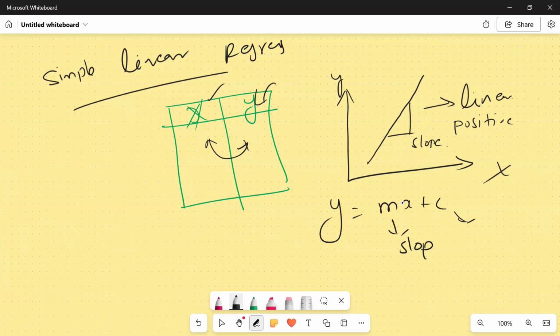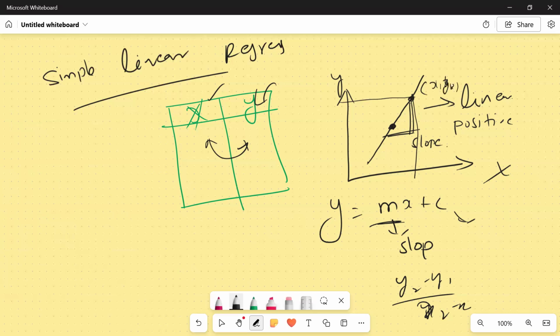Okay, slope means the change in y with respect to the change in x. Generally we can represent it as (y2 - y1) / (x2 - x1). That means if you take any 2 points on this particular linear line, each has a corresponding value of x and a corresponding value of y. So this is x1 and this is y1.